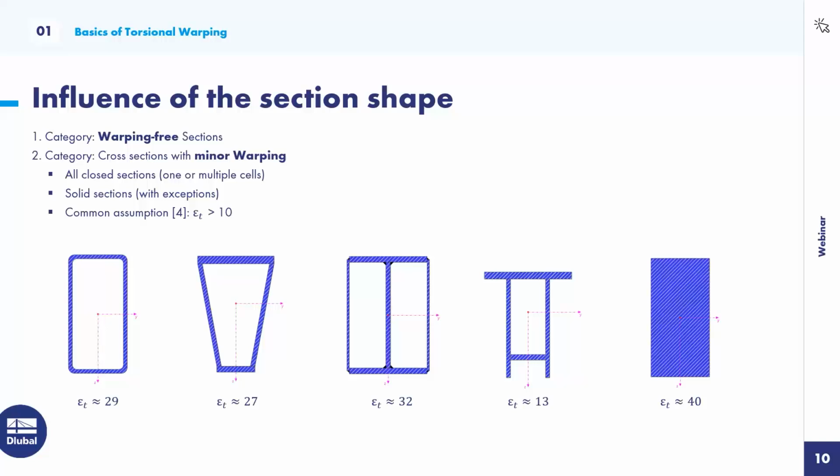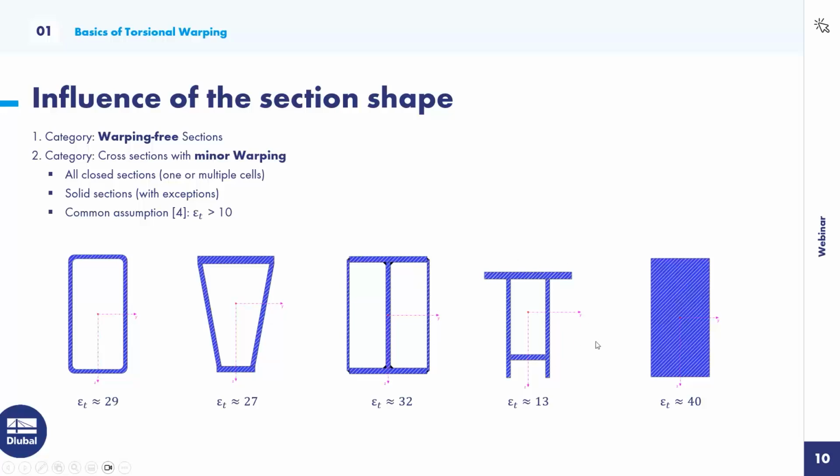At the bottom, I have calculated the member constants for some sections that I have shown here. Of course, we need a length to calculate the member constants, and I assumed just 1 meter, which is quite short for a civil engineering application member. So in that category we have rectangular hollow sections and trapezoidal hollow sections. We have an I section with some reinforcement plates at the sides, which then forms a multi-cell section basically.